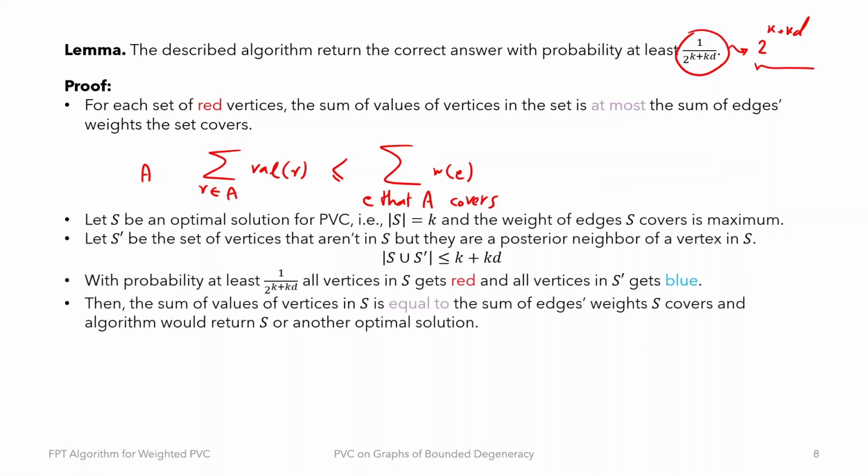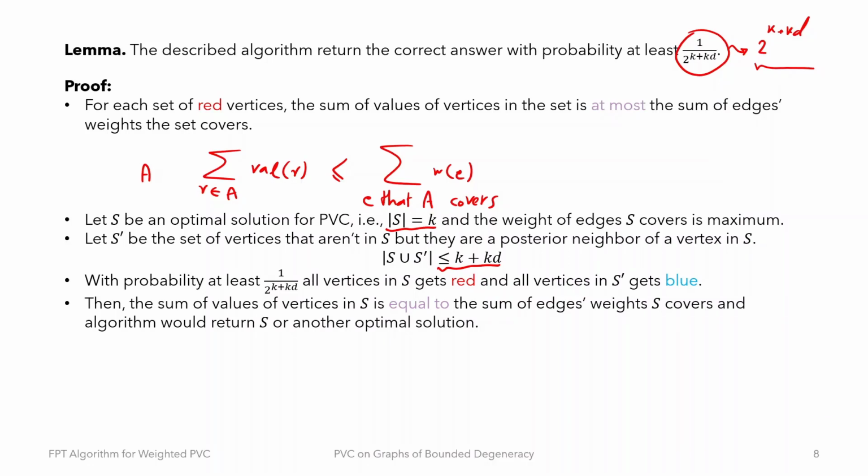Back to this. Now let's consider a hypothetical solution. Let's say subset S of vertices is an optimal solution for the problem. And also let's say S prime is the set of all vertices that are not in S, but they are a posterior neighbor of a vertex in S. We know that the size of S is k, so the size of S union S prime is at most k(d+1).